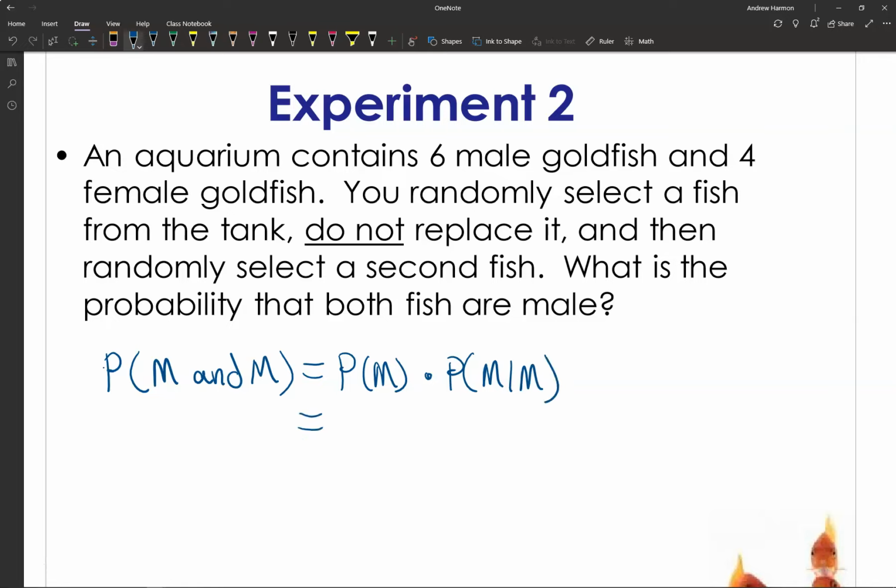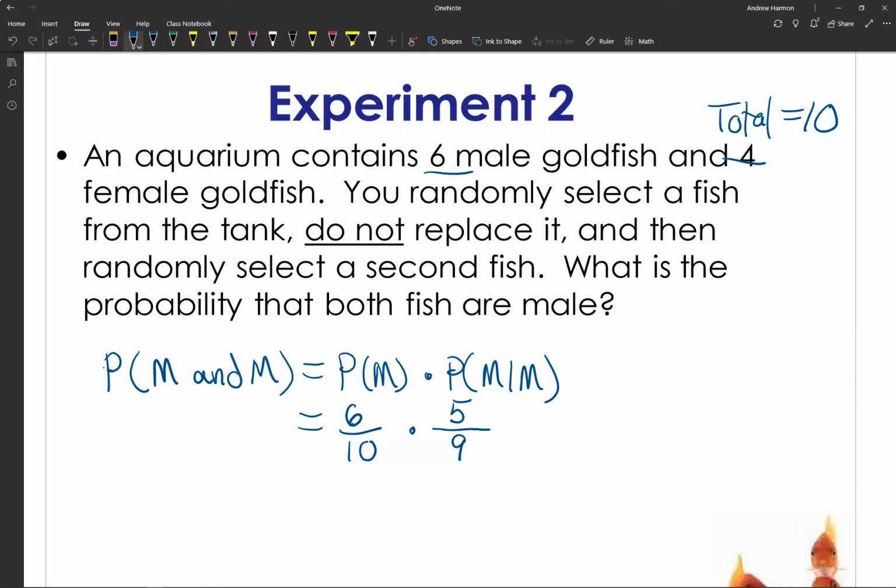The probability of getting a male fish originally was 6 males out of the total, which, let's see, 6 plus 4 is 10 fish. Then we multiply that by the probability of getting a male, given that we already took a male out. If we already took one fish out, there are only 9 fish left in the tank, and only 5 males left in the tank.